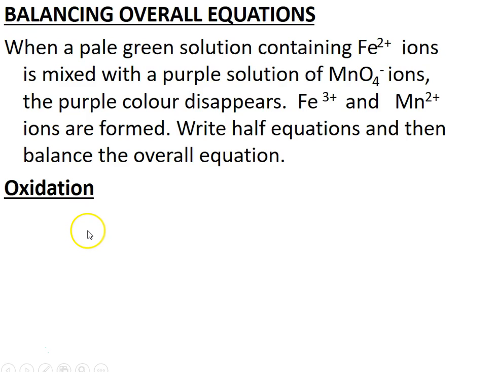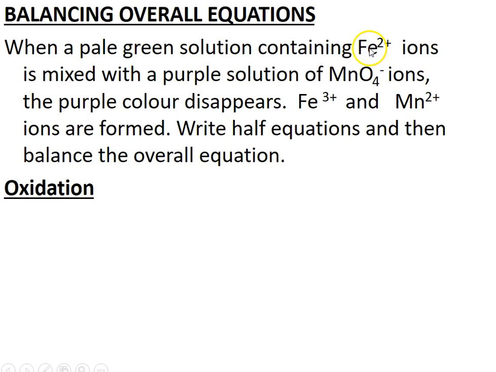Alright, so we've just looked at one half equation, balancing it. If we looked at an example, when a pale green solution containing Fe2+ ions is mixed with a purple solution of permanganate ions, the purple colour disappears because you've made iron 3+ and Mn2+, manganese ions. So we need to write the half equations and then balance the overall.